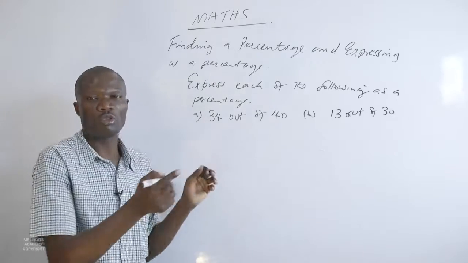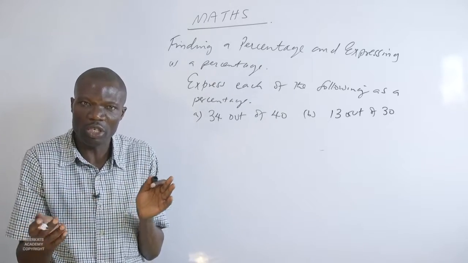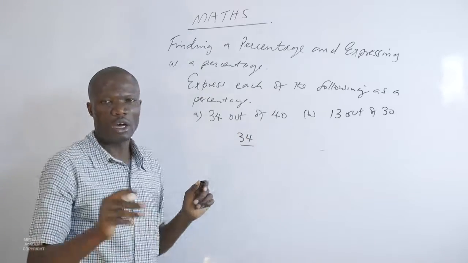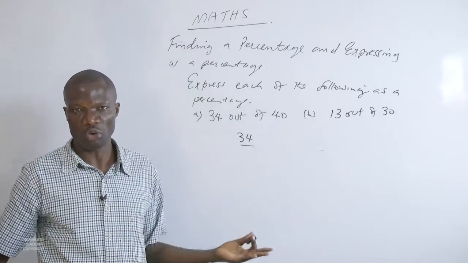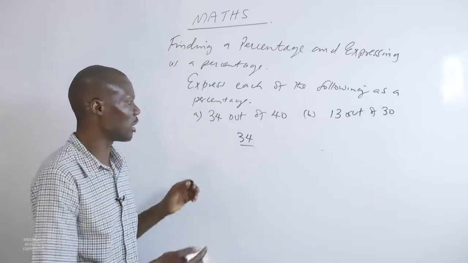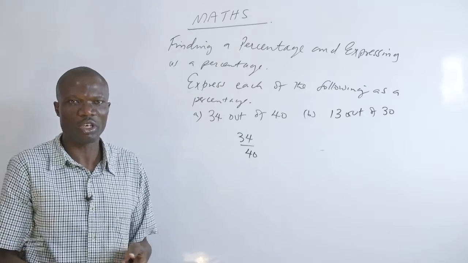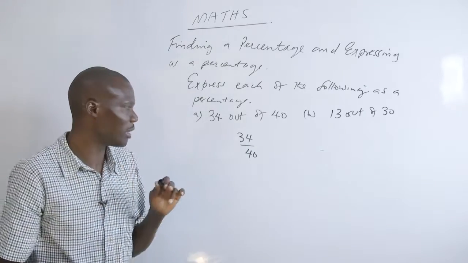So 34 out of 40, 34 is part of the 40, so that will form our numerator. Our denominator will be formed by the whole, which is the 40 itself. That is a fraction already, and then you multiply by 100.